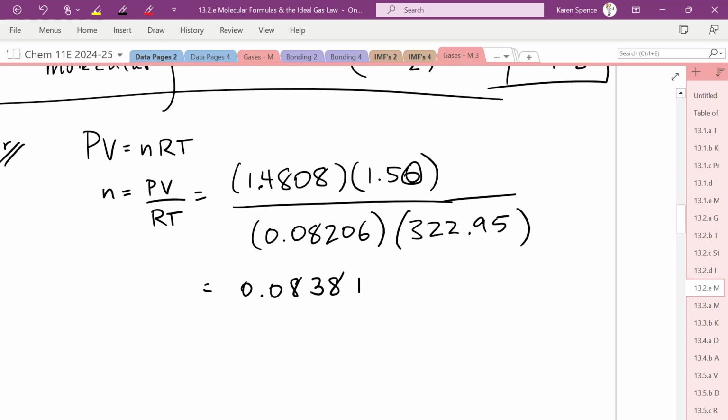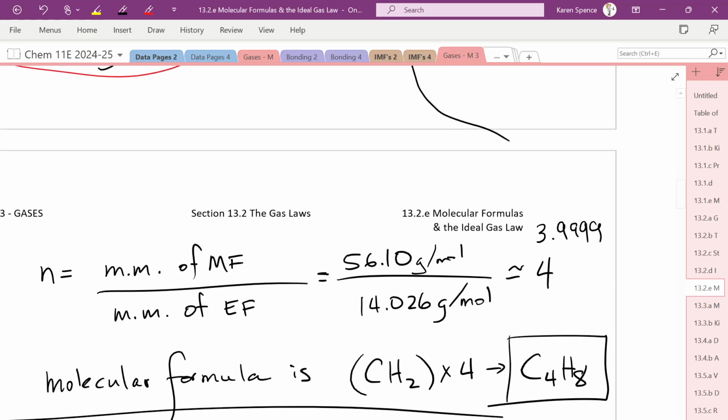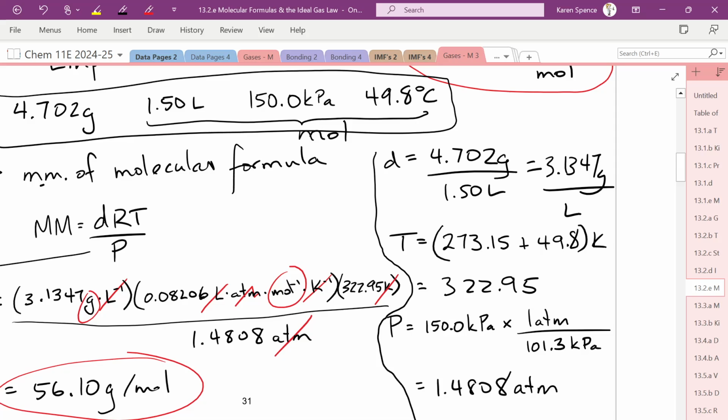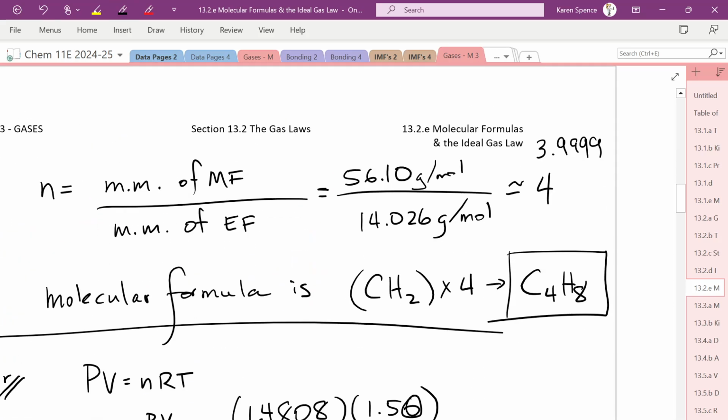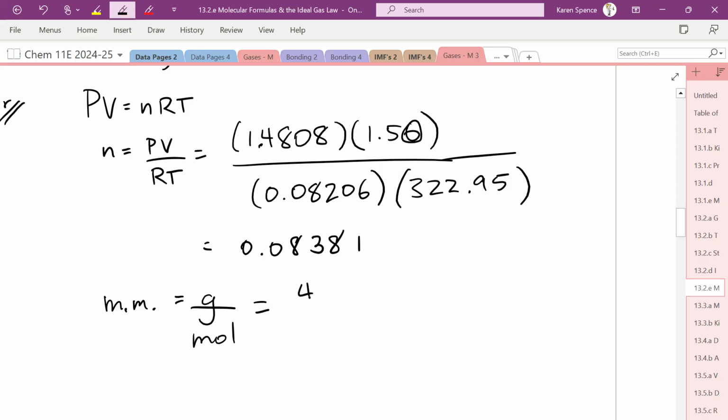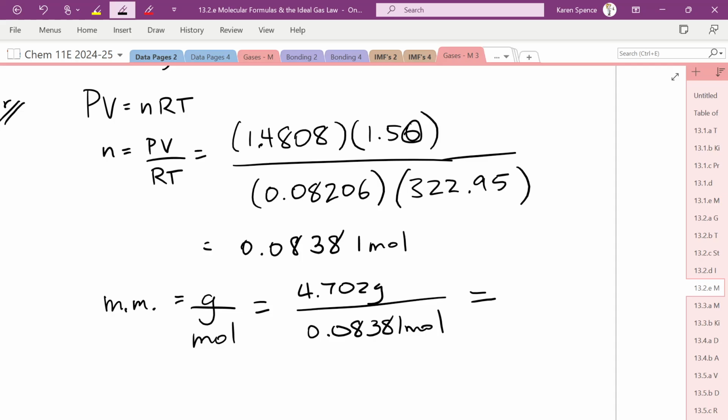0.08381. And then I would say my molar mass is my grams over my moles, and my grams was 4.702 grams over 0.08381 moles equals 56.1.